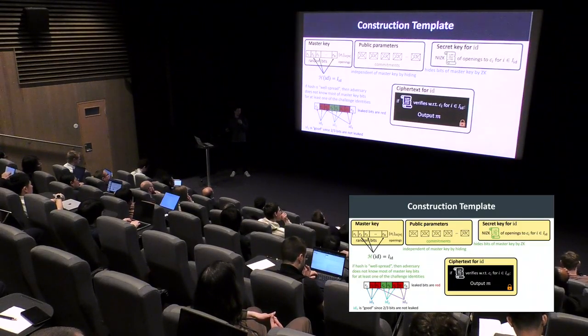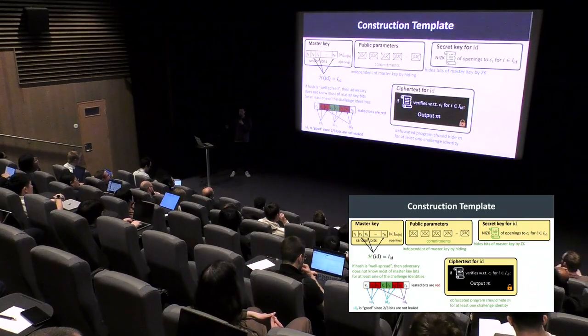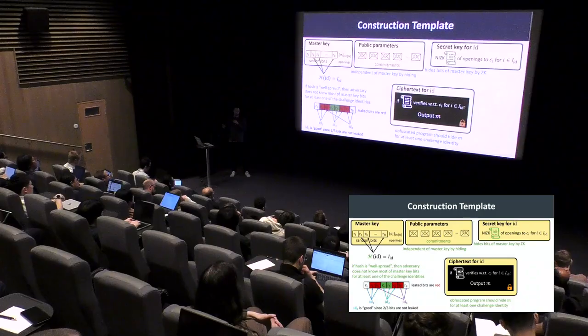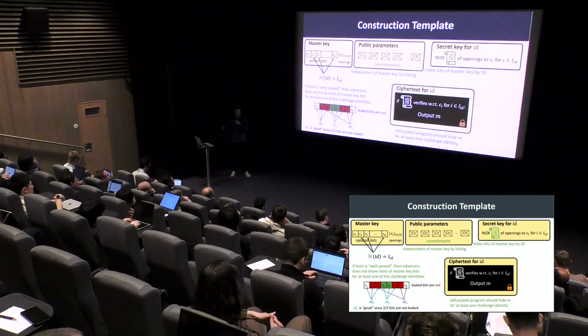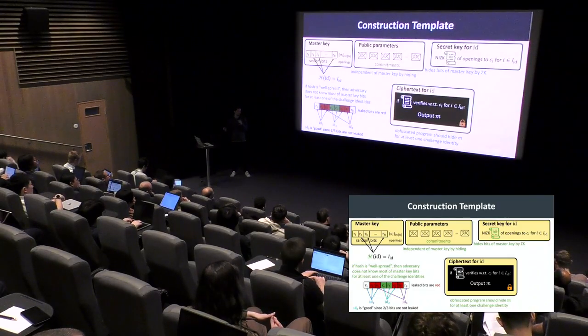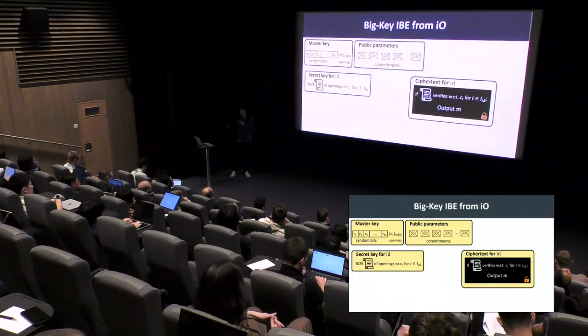And in this way, we can guarantee that one of the identities in the challenge set has some amount of entropy. And using this, we can infer that basically an adversary should not be able to come up with a satisfying proof, which can let it learn anything about the message. And so obfuscation security should hopefully help us out here. Okay, so that's the general template. How are we actually going to instantiate this from IO?